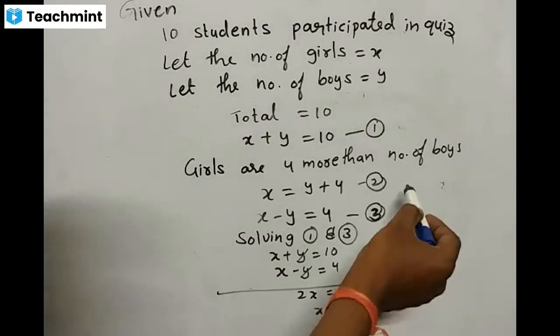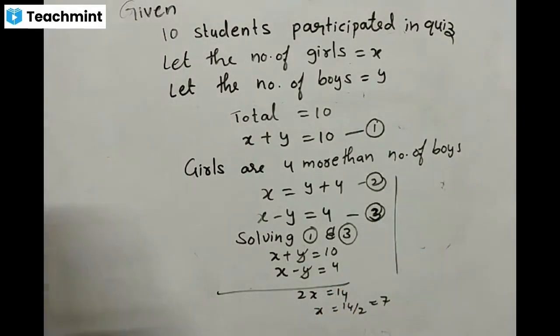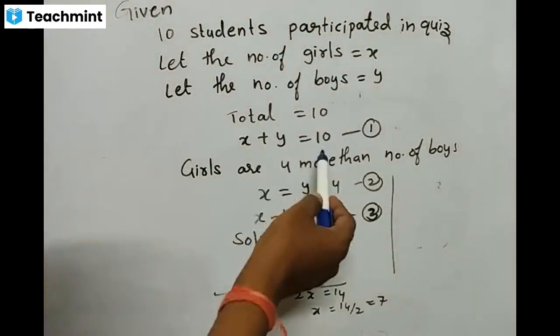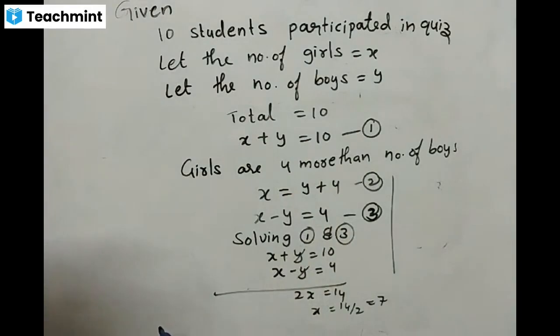What about the boys? Substitute x is equal to 7 in equation 1. X value 7 came, right? Total 10 members, right? Boys 3, sir.